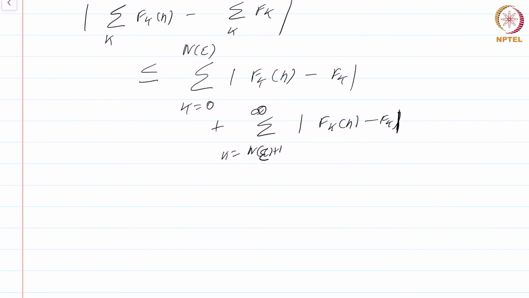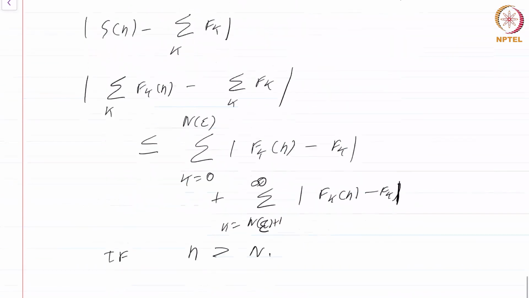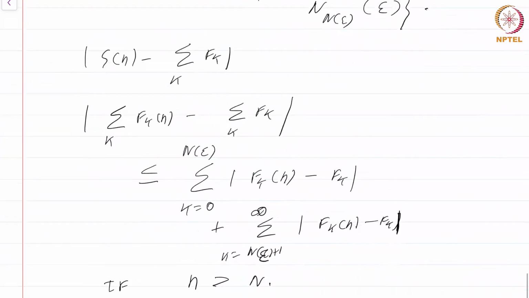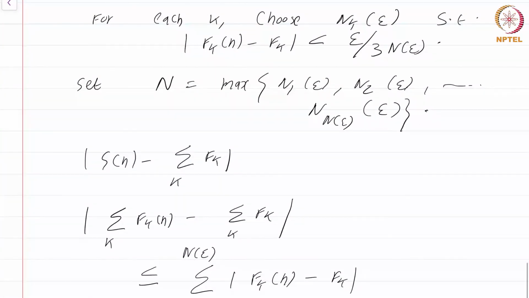Well, if n is greater than capital N, then something interesting happens. How was capital N chosen? It was the maximum of n_1 epsilon, n_2 epsilon, up to n_N epsilon of epsilon. If n is greater than capital N, then f_k^n minus f_k must be less than epsilon by 3 N epsilon.